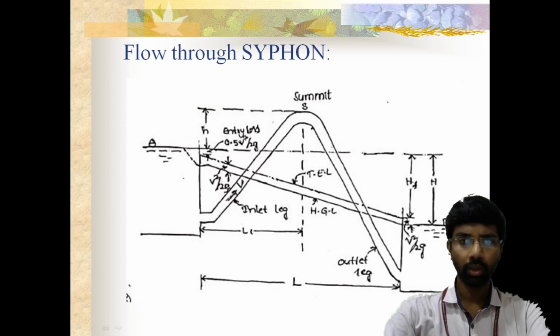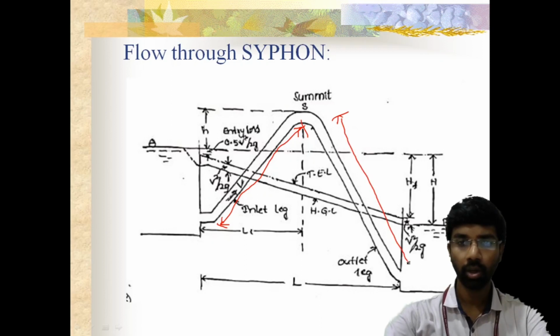Now coming to the HGL and TEL of the siphon, generally the length of the siphon will be considered as this initial length plus final length. This one is the length of the inlet, and this would be the length of the outlet. Length of the inlet plus length of the outlet will give you the total length.